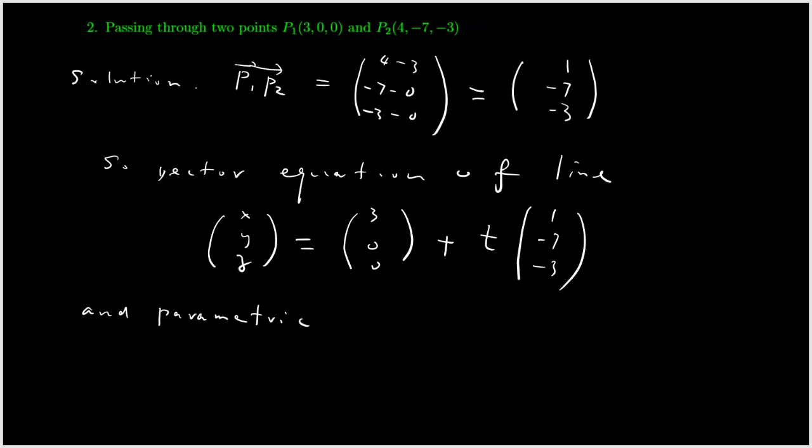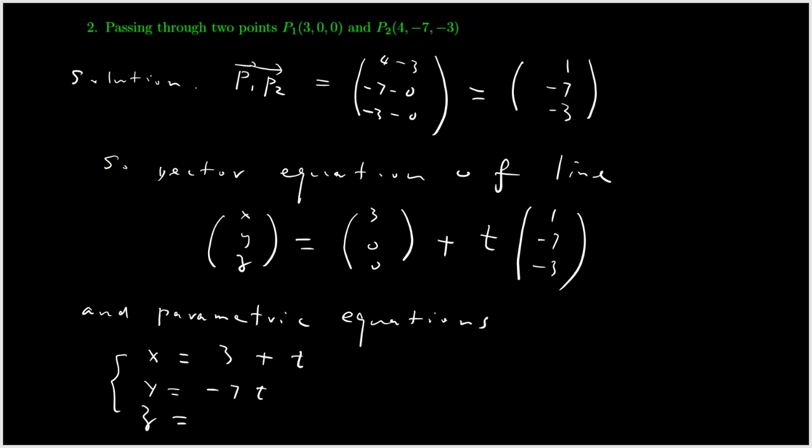Now the parametric equations of the line. The same as before, we have seen this already. X equals 3 plus t. Y equals, I think you know where the numbers are from, y equals negative 7t, right?